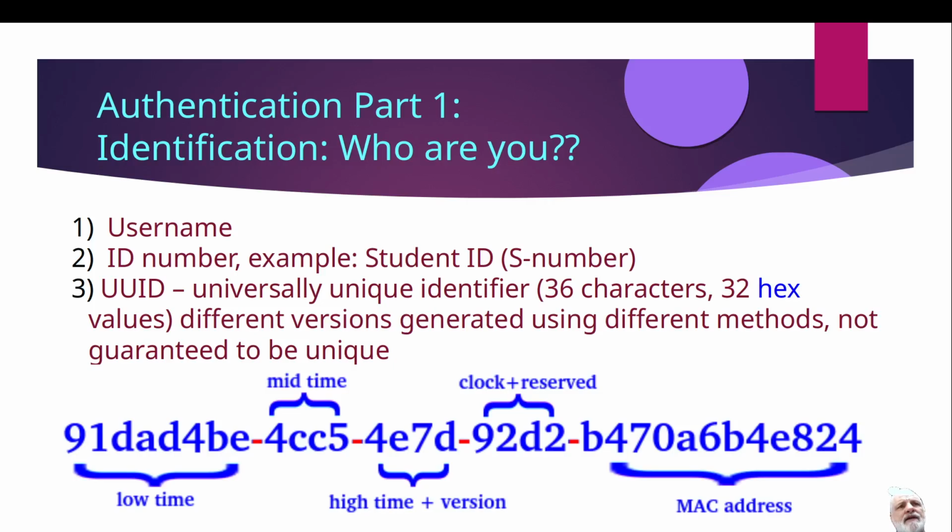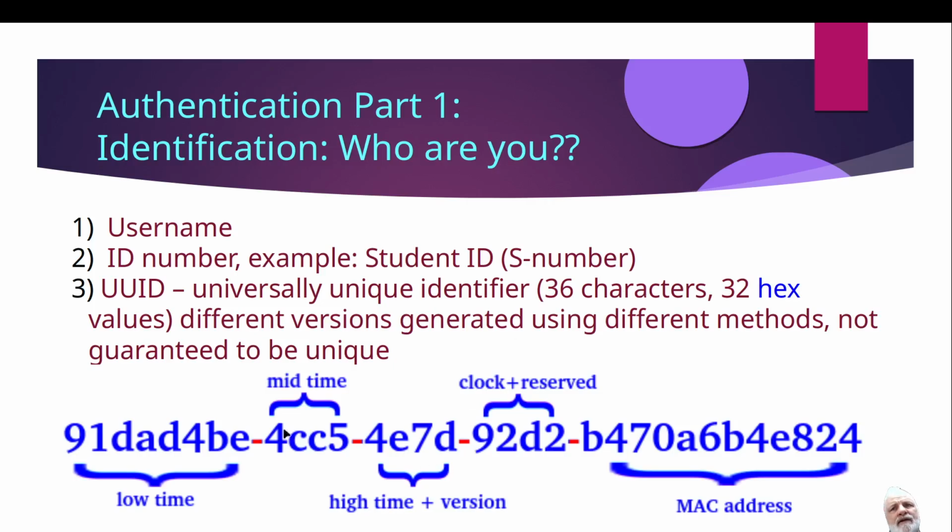There's also something called a UUID, which stands for Universally Unique Identifier. And this is a very long code. It has 36 characters, 32 of them are hex values, and then some hyphens. The idea is that when you generate this, it should be unique, although there's no real guarantee that it is. But it's such a large random number.